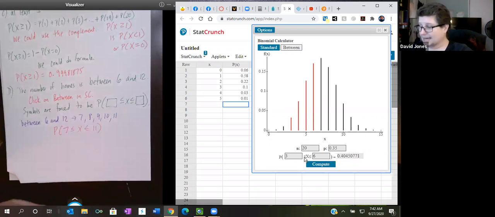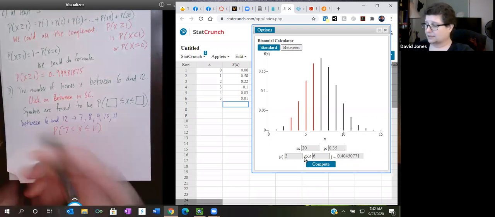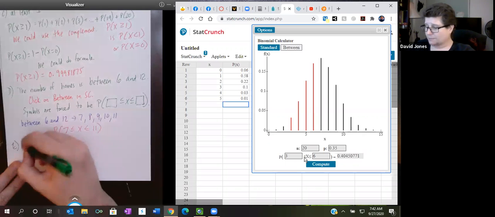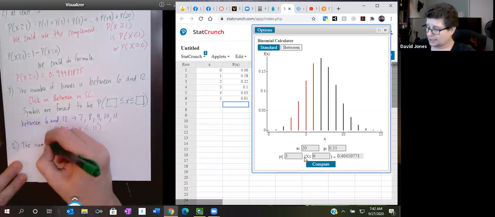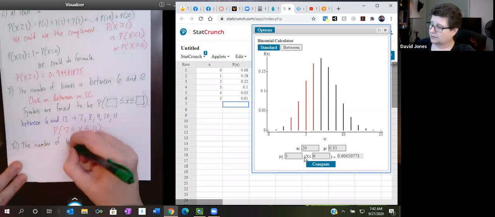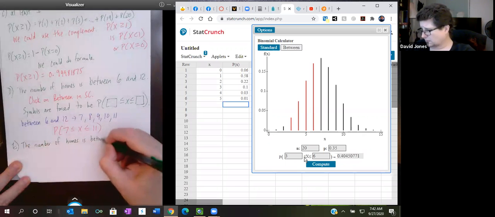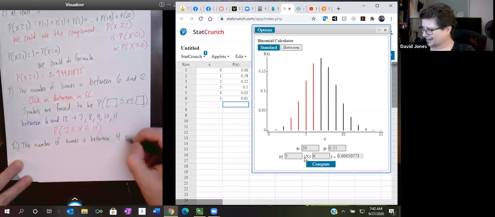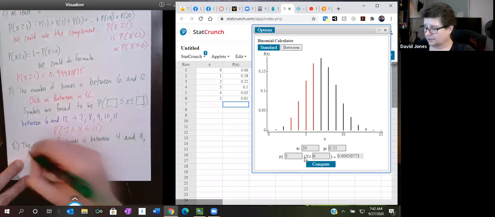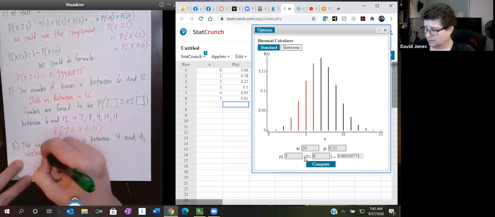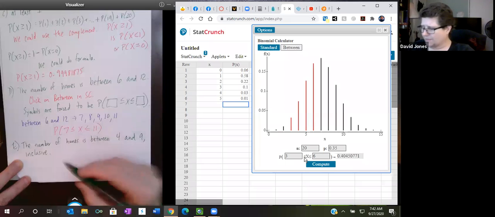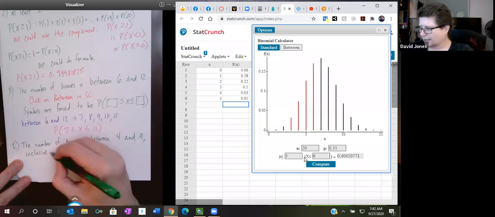Okay, if it said the number of homes is between 4 and 9 inclusive, that means include the 4 and 9.